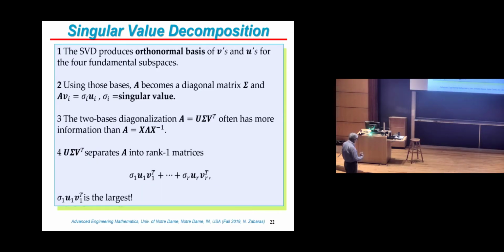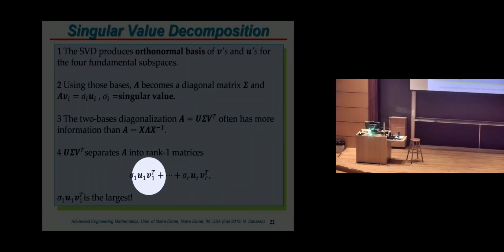If you look at this equation on the bottom, this is an amazing result. We took this general matrix A, and we have written it as the sum of R matrices. Each of these is a matrix, if you multiply a column by a row.